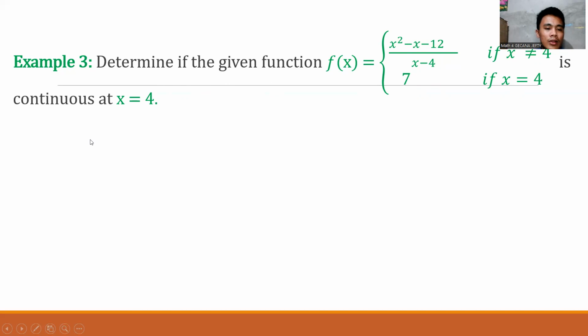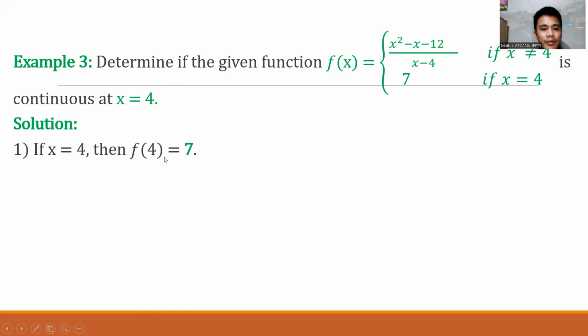These conditions should be satisfied so that we can say that a function is continuous. Let's determine if f of 4 exists. If x equals 4, then f of 4 is equal to 7, based on the piecewise function. So f is defined at 4, and it is defined as 7.